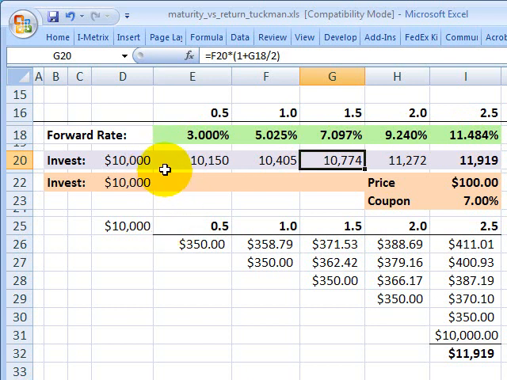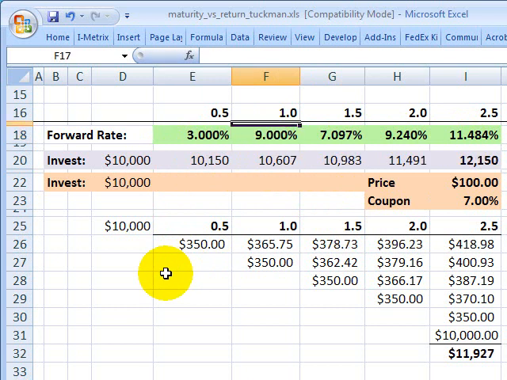However, let's just say that we go forward 6 months, and then this forward rate, the yield curve shifts, it often does, and this forward rate goes up to 9%. Now, the short-term investor is going to get to roll over at the higher realized spot rate. And so that is going to produce a higher terminal value for the short-term investor. Whereas the long-term investor, by purchasing the long-term bond, had effectively locked in this forward rate curve.